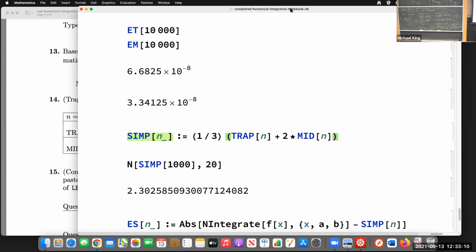Mathematica considers log to be the natural log, so there's no ln command. This actually is the natural logarithm. Oh, I said n instead of 10. So you can see how much these agree. They agree up to there. That's kind of amazing.